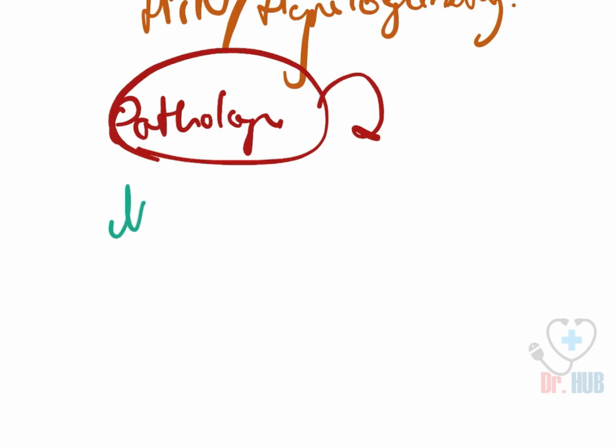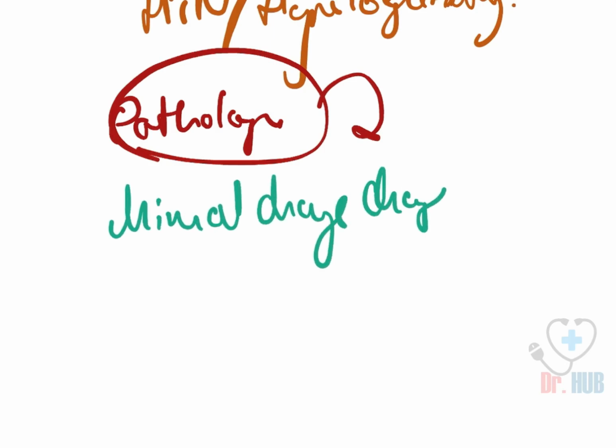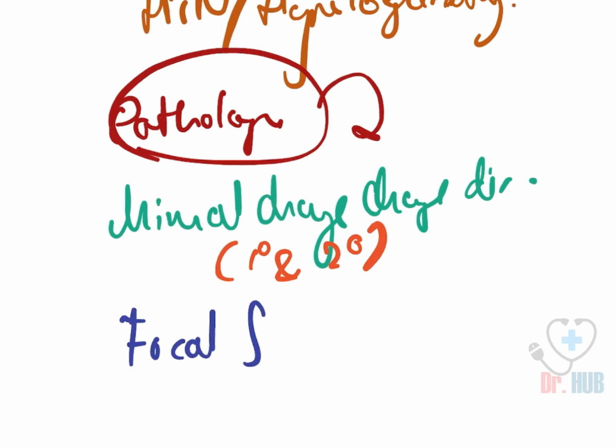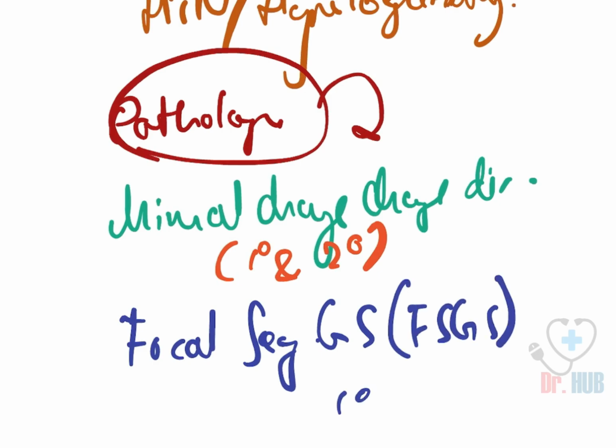Here there is minimal change disease, that is primary and secondary. There is also focal segmental glomerulosclerosis, that is FSGS, which is also primary and secondary.